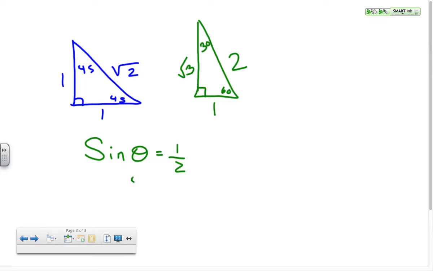Now, sine is always the opposite over hypotenuse, right? So which one has an opposite side that is 1 and the hypotenuse is 2? If we look here, this is 1, 1 and square root of 2 on the 45, 45, 90. And on this one, hey, we have a 1 and we have a 2. The 1 is opposite of 30 degrees. So the answer to this one is 30 degrees.